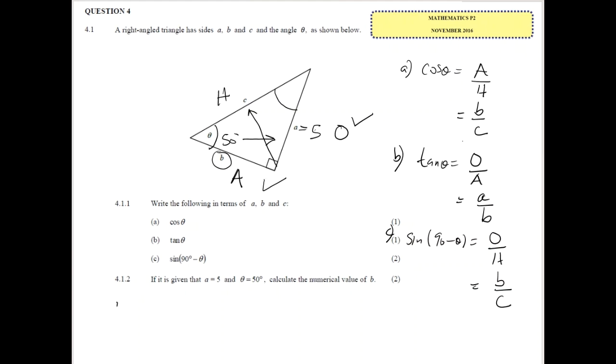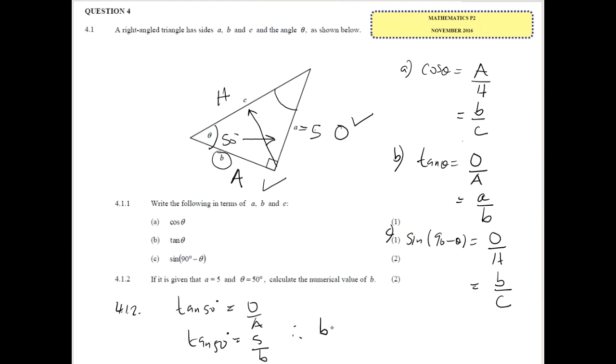It means for 4.1.2, I have to use tan. Instead of theta, now I have the value of 50. What is your tan? It's opposite over adjacent. It means tan 50 will be equal to 5 divided by B. How can I find the value of B? I will have to cross multiply.